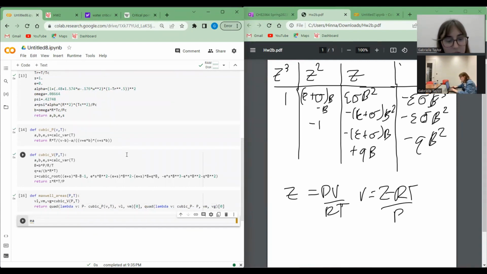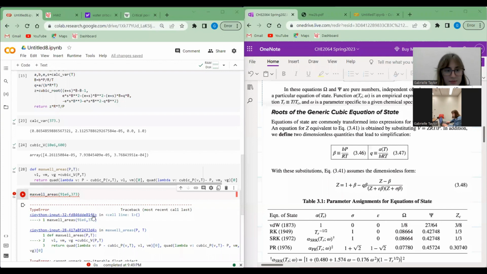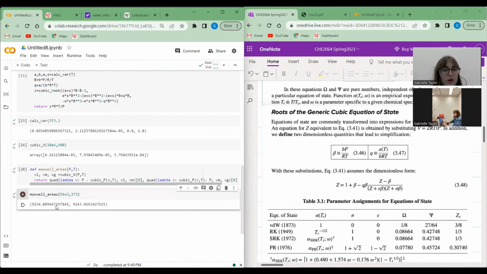So we have our Maxwell areas, and I know that one that's really close for vapor pressure is e to the 6th, and then we have 373 for our temperature. Okay, e to the 6th doesn't work for this, so let's do e to the 3rd. So e to the 3rd works.